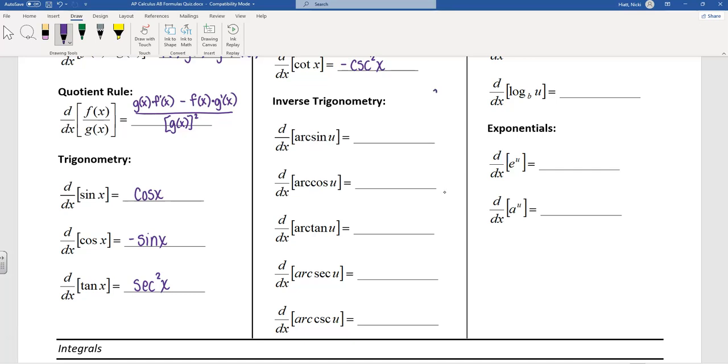So, for arcsine, you've got u prime over the square root of 1 minus u squared. Arccosine is negative u prime over the square root of 1 minus u squared.